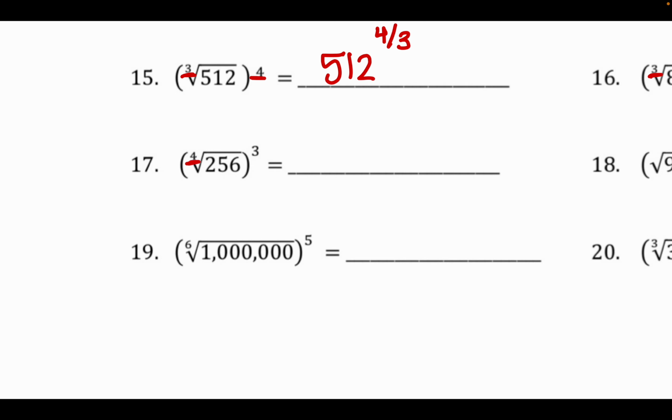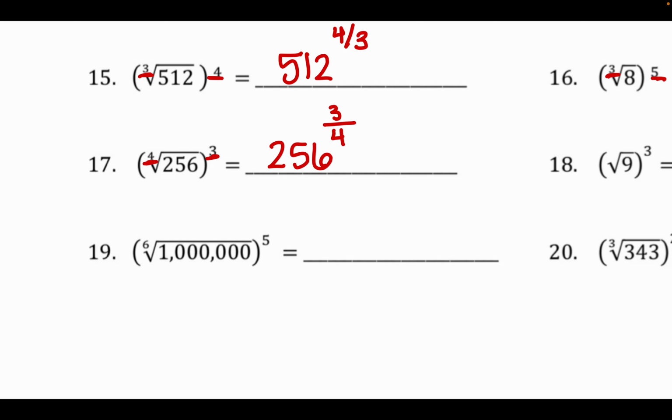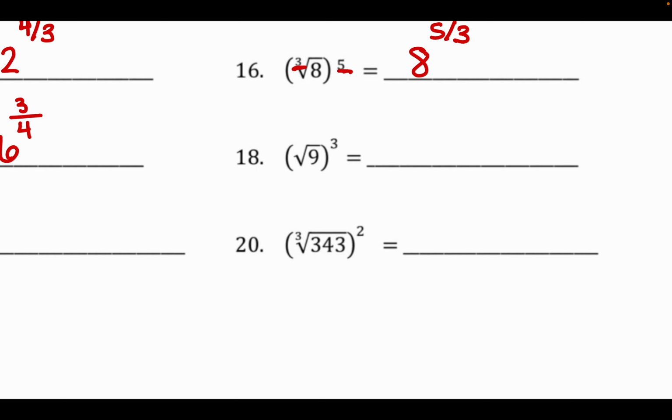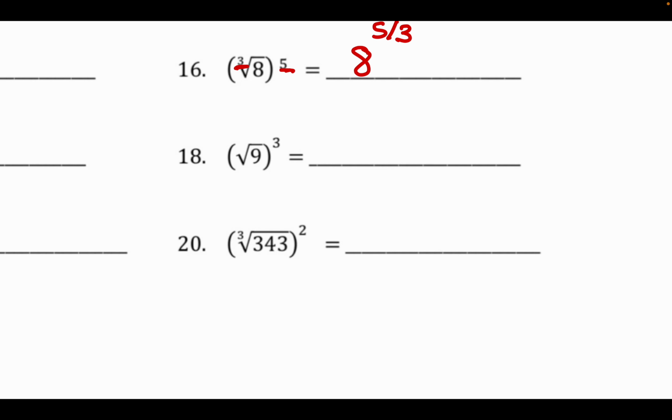Okay, 4 is our root, 3 is the power, so it's 256 to the 3/4 power. Okay, 18. Remember, this is a 2 here, so this is 9 to the 3/2 power.